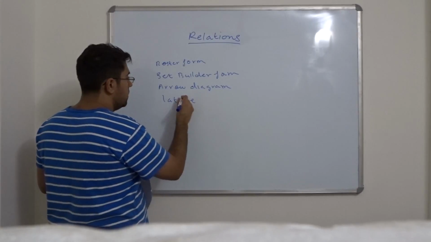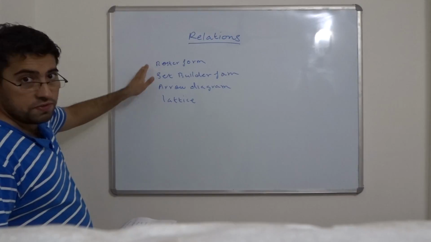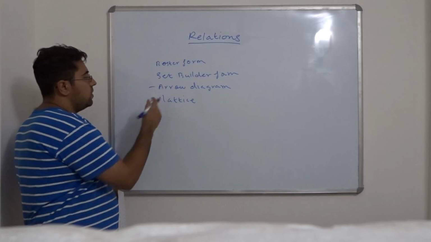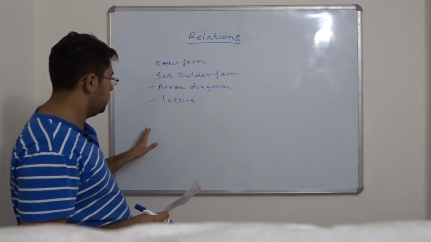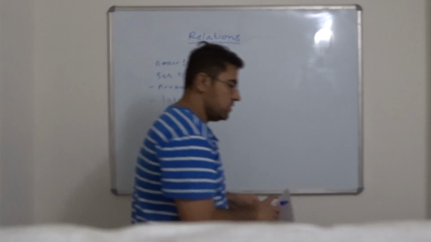You already know what roster form and set builder form are, we've discussed this in sets, but you don't know what an arrow diagram and a lattice are. Don't worry, you'll get to know when I do the practice questions.